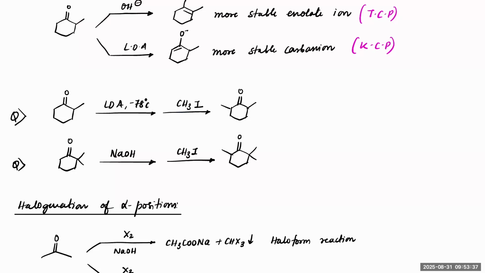That will attack this CH3 and you will get this product. But if it was with OH minus, this OH minus will take H plus from here, gets a negative charge, and that negative charge is the one which will connect here. So you will get this as a product. Sorry, on this side this methyl is not there. Yes, this one is correct. Clear? This is how the reaction will take place.